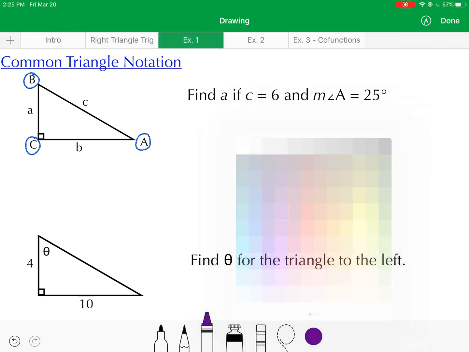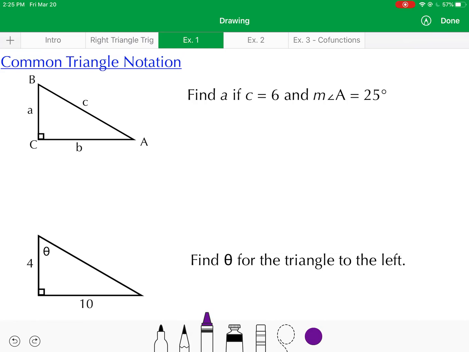So like this is lowercase a because it's opposite the vertex of A right there, capital letter A. Okay, and that's just very common notation that you'll see being used.